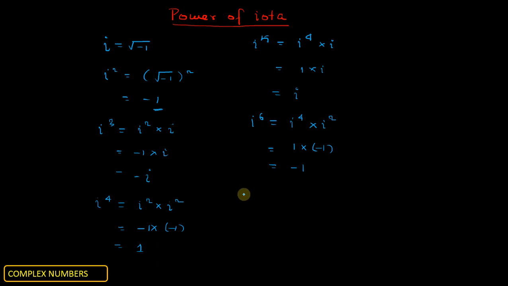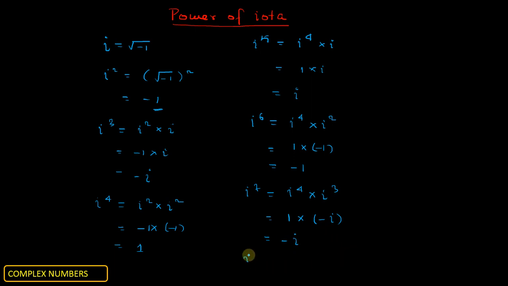Okay, so now suppose we have iota raised to 7, then we can write it as iota raised to 4 multiplied by iota cube, and iota raised to 4 is what? 1 multiplied by iota cube, which is equal to minus iota. So iota raised to 7 is minus iota.